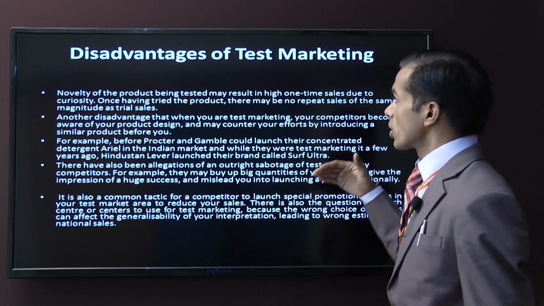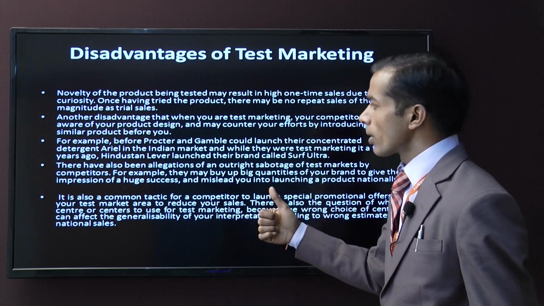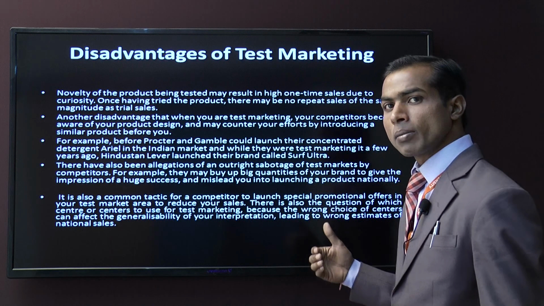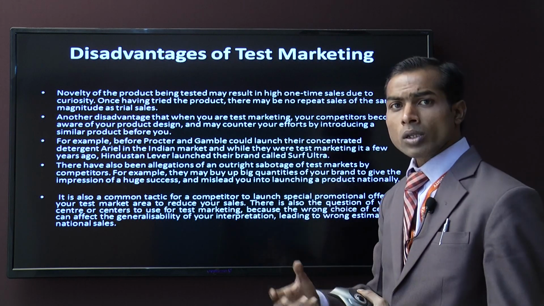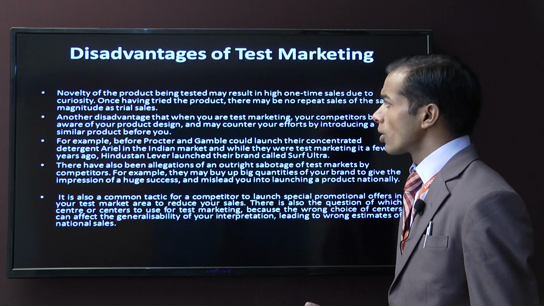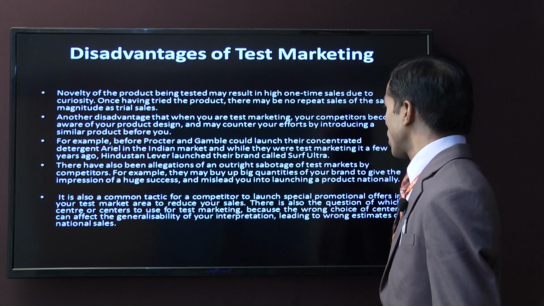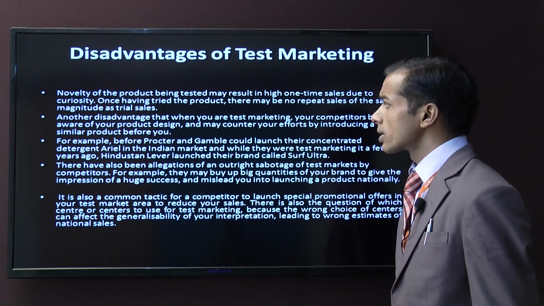Now the disadvantages of test marketing are that, for example, the novelty of the product being tested may result in high one-time sales due to only the curiosity part. Once having tried the product, there may be no repeat of sales of the same magnitude as in the case of trial sales.